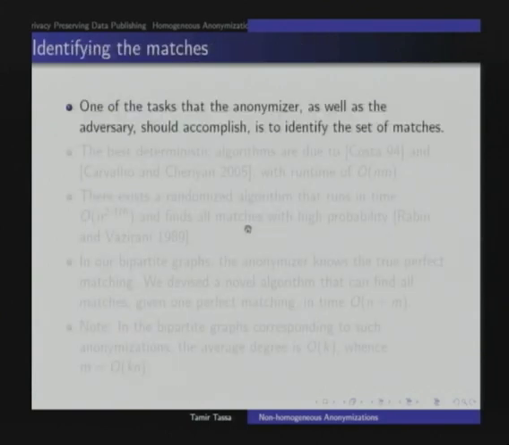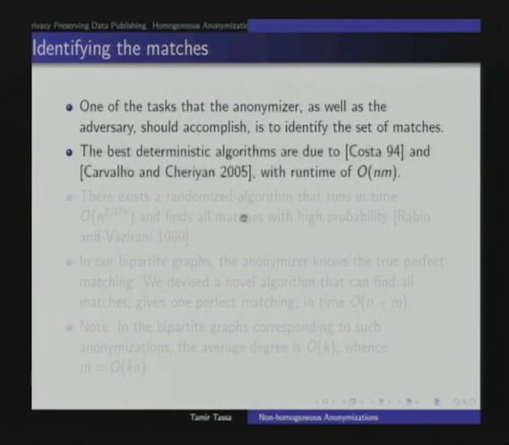Okay. So, one of the main tasks that the anonymizer has to accomplish is to identify the set of matches. Namely, he gets a graph and he needs to identify in that graph which edges can be ignored because they cannot be extended to a perfect matching. This is a well-known problem, and there are algorithms that run in time O(nm).